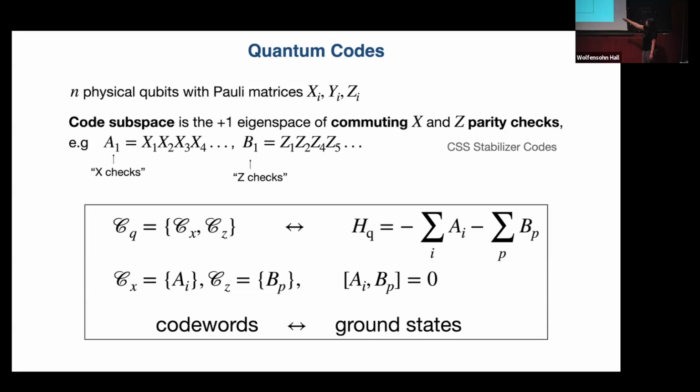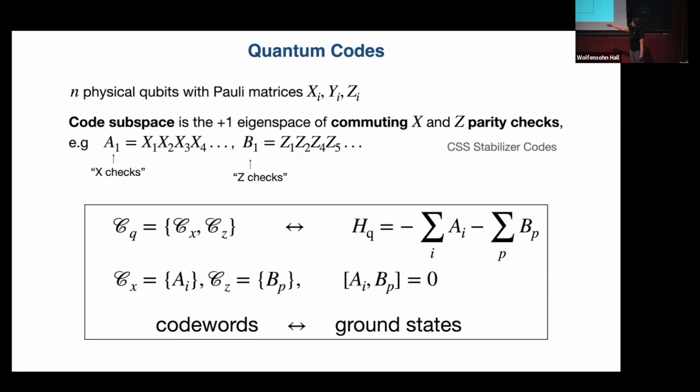So these X parity checks are just products of Pauli X operators. Now I'm just going to be working in qubit language, okay? So I have n physical qubits. These are denoted by these Pauli operators on each site. My X checks are products of X Paulis. My Z checks are products of Z Paulis. And my quantum code is a collection of these X checks and these Z checks.